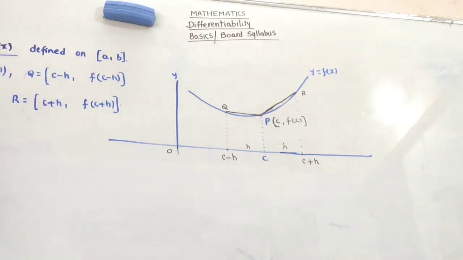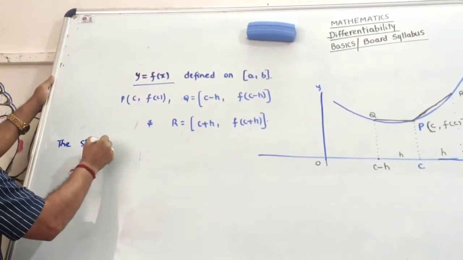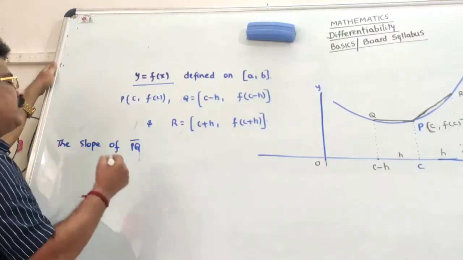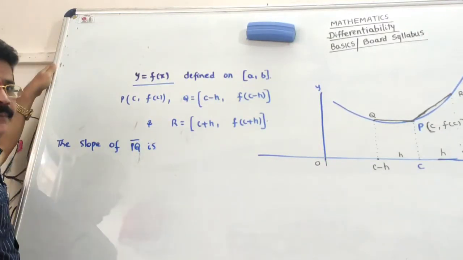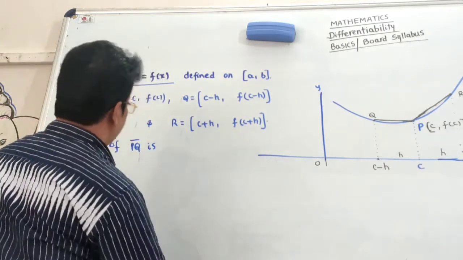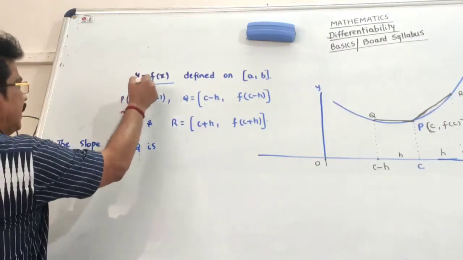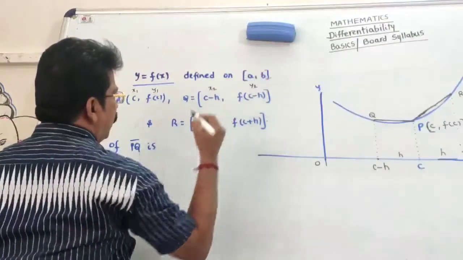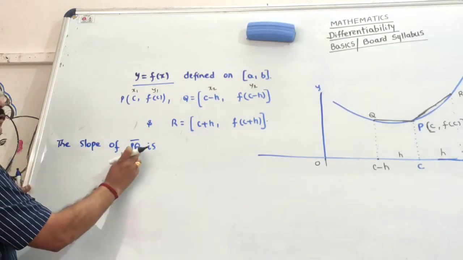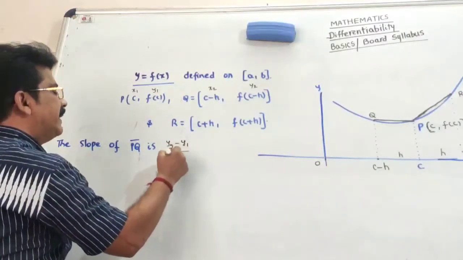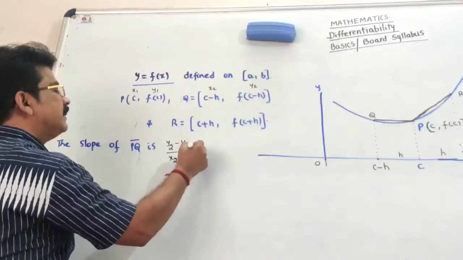Here, the slope of PQ bar, that is the PQ chord: in geometry, capital P means the first point x1, y1. Next Q, x2, y2. Now the slope of the chord joining the 2 points is the formula y2 minus y1 divided by x2 minus x1.